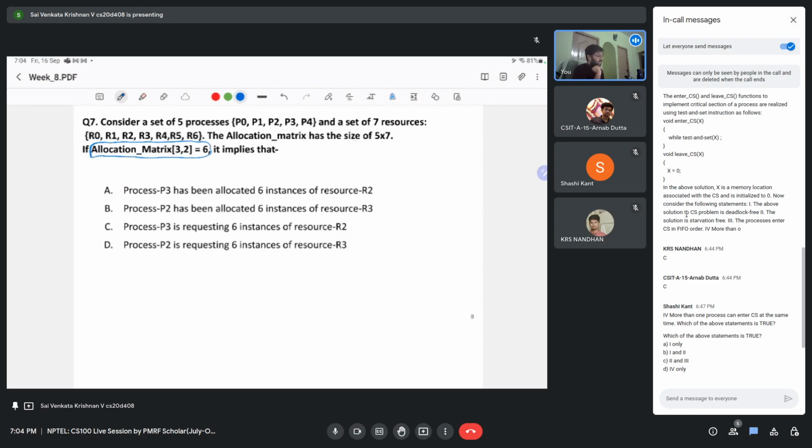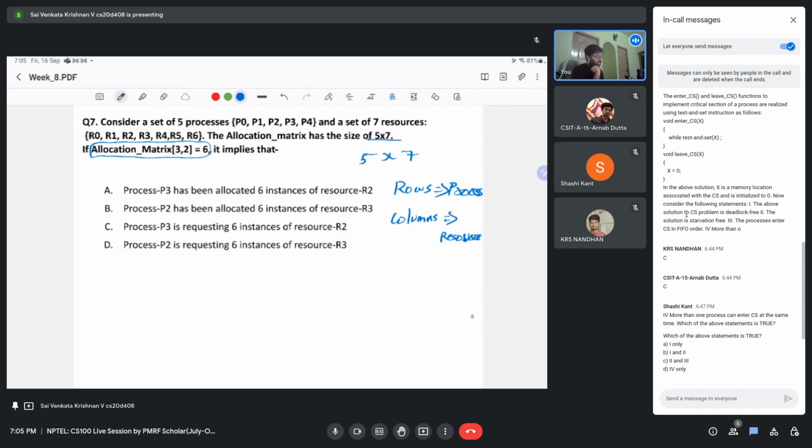So the allocation matrix is 5 cross 7. Each row implies a process, and the columns are for the resources. That's what we can infer from 5 cross 7. And now allocation matrix of 3 comma 2.